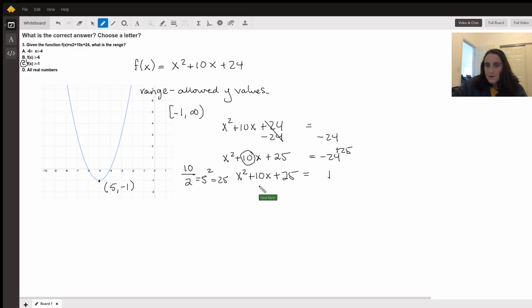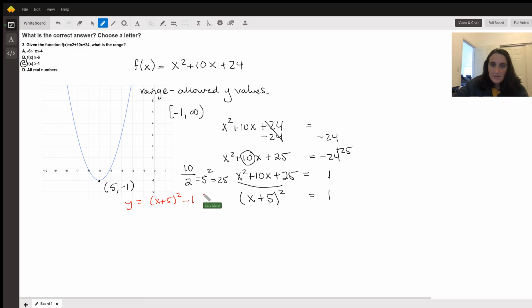We note that this is (x plus 5) squared, equal to 1. Now I'm going to bring my 1 back over, and I'll put it in another color, so that I get the vertex form of this parabola, which is (x plus 5) squared minus 1. This gives me the coordinates of my vertex.